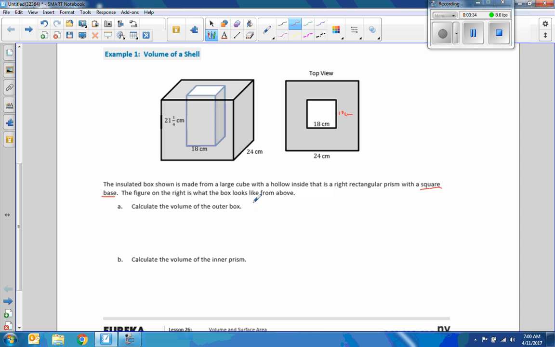So the first thing we always do is write a formula. So volume equals length times width times height. So volume equals, the outer box is also square. So if the side's 24, the front's 24. So the length is 24 centimeters times the width, which is 24 centimeters, times the height, which is 21 1/4 centimeters.